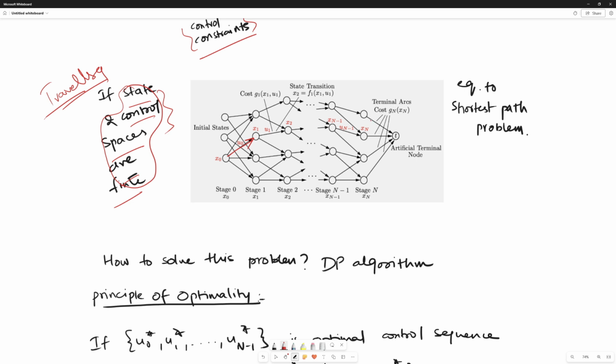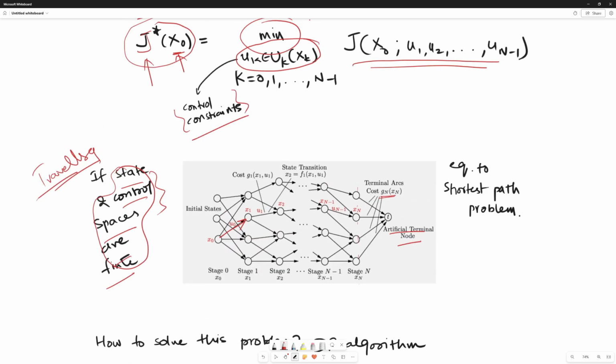Then we can add an artificial terminal node connected to all the terminal nodes, and the terminal costs can be the lengths of these arcs, correct? So this is a very simple graph problem.